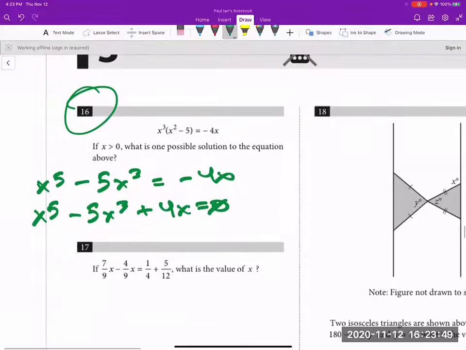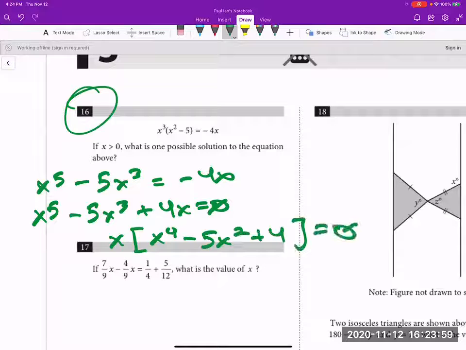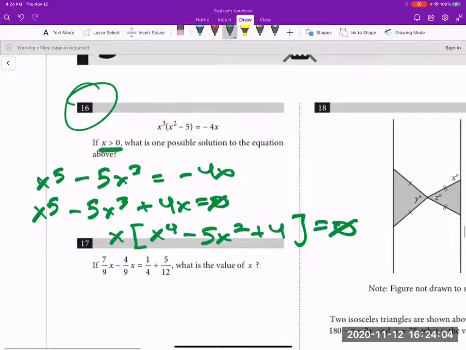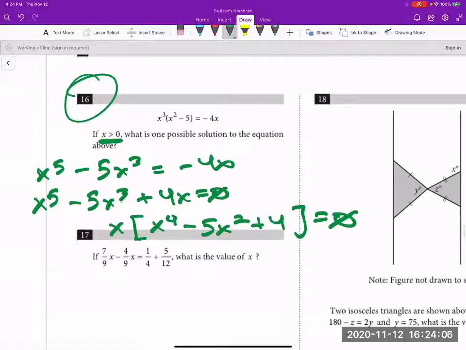From that, factor out x. So I think it is x times (x to the 4th minus 5x squared plus 4) equals 0. Keep in mind what you have here. x equals 0 is a solution, but it's not greater than 0. So it's probably going to be the part inside that gives you the answer.